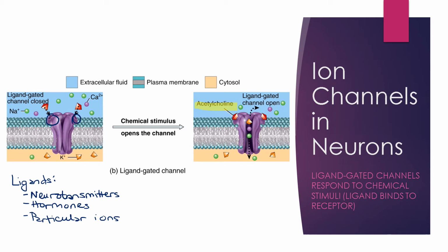Ligand-gated channels are going to be located in the dendrites of some sensory neurons, such as pain receptors. And they're also going to be found in the dendrites and also the cell bodies of interneurons and motor neurons.